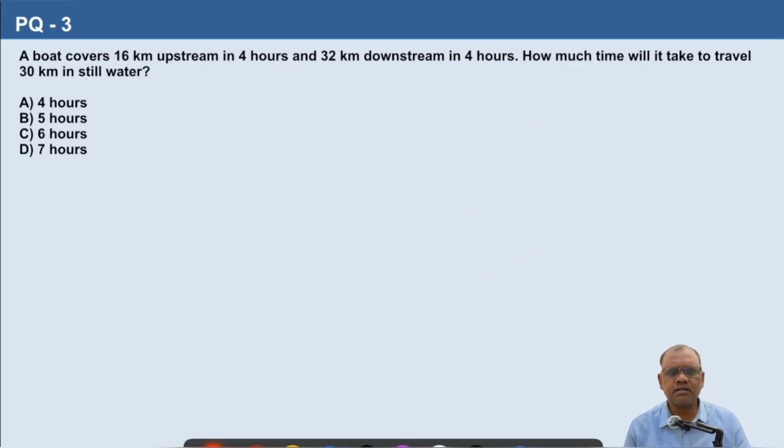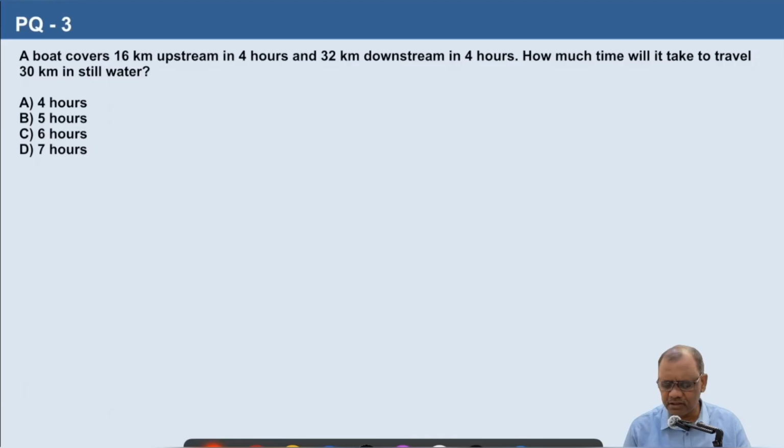Question number 3. A boat covers 16 kilometers upstream in 4 hours and 32 kilometers downstream in 4 hours. How much time will it take to travel 30 kilometers in still water? So we have to find out both the speeds here, upstream speed and downstream speed.